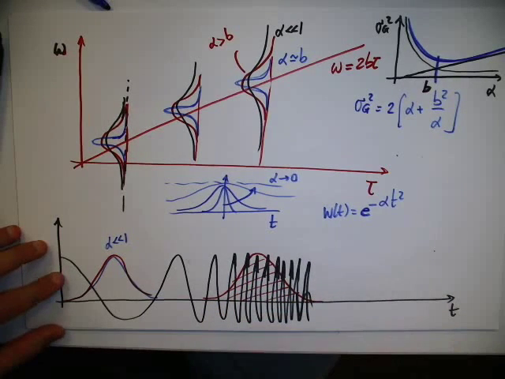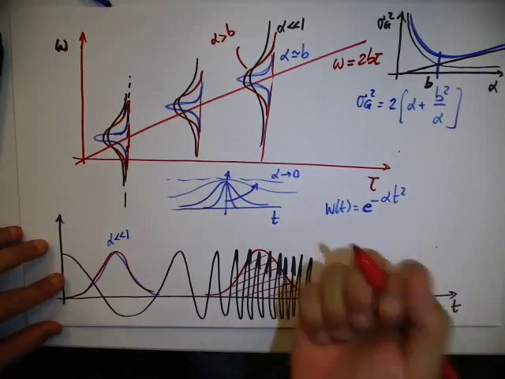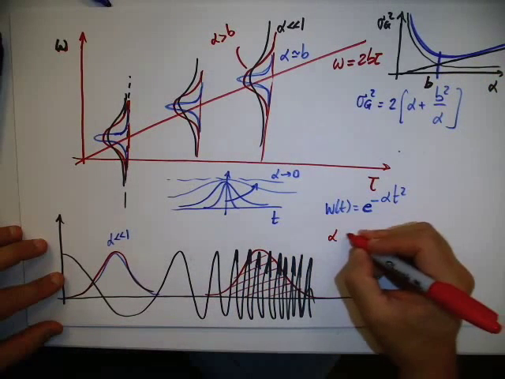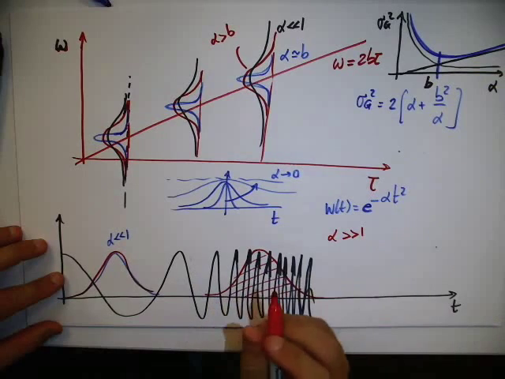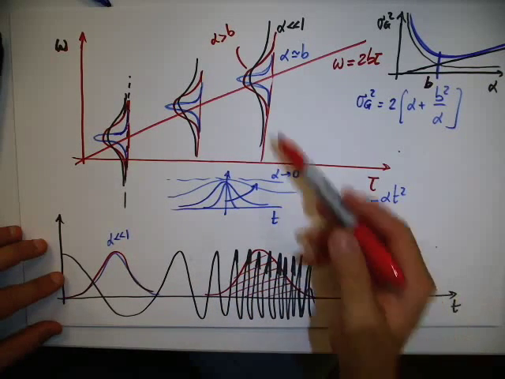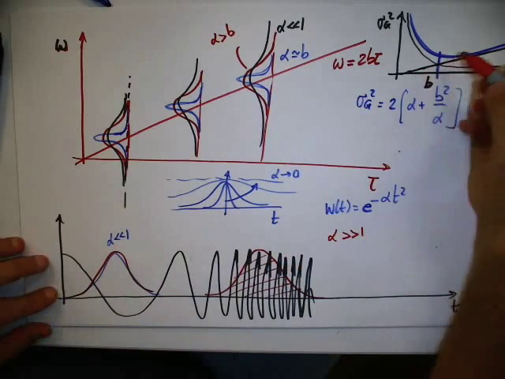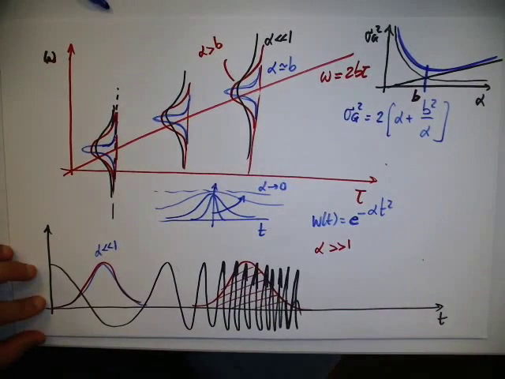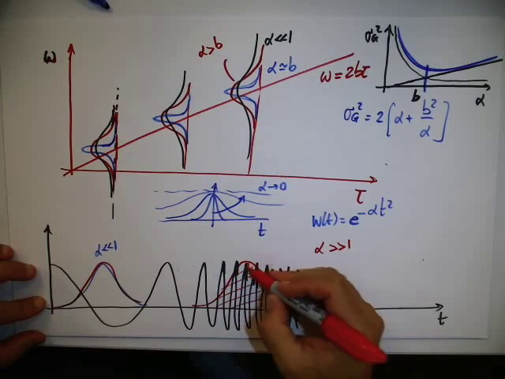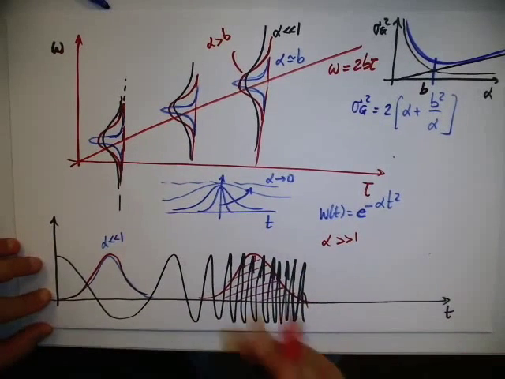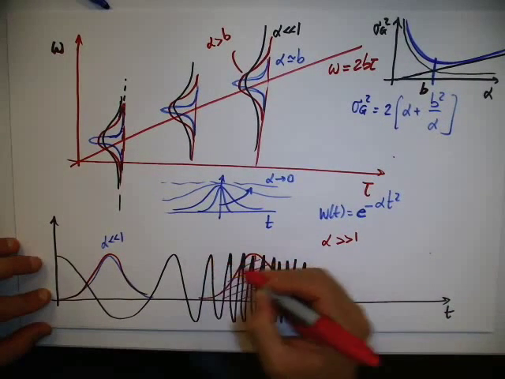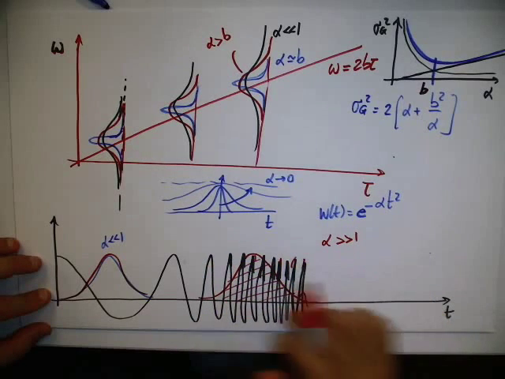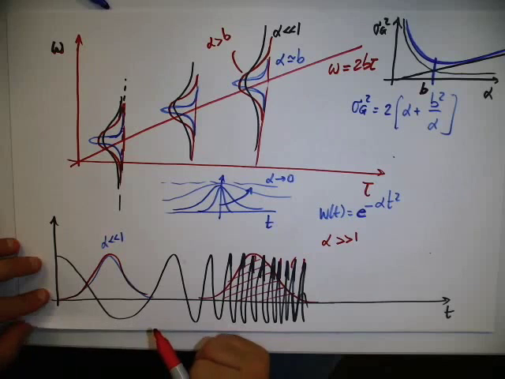But if the window is too small, which happens when alpha is very, very large, then the spread tends to increase, because the window is so small that it is not able to recognize the changes in frequency that occur at large times.